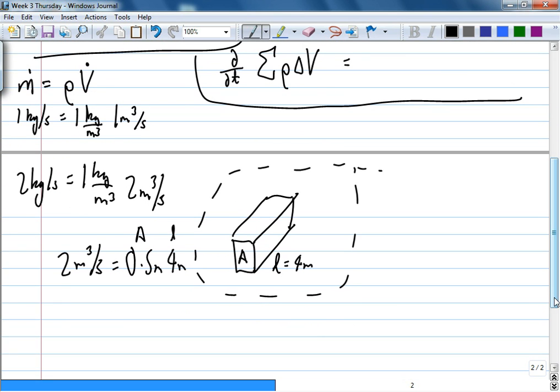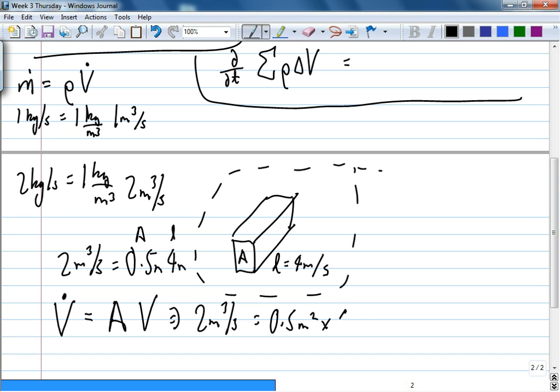So the volumetric flow rate is equal to the area times the velocity. The area in this case is 0.5 meter squared and the length is 4 meters, so I need 4 meters entering every second. In this case, 2 meter cube per second is equal to area 0.5 meter squared times 4 meter per second. The units are all fine also.